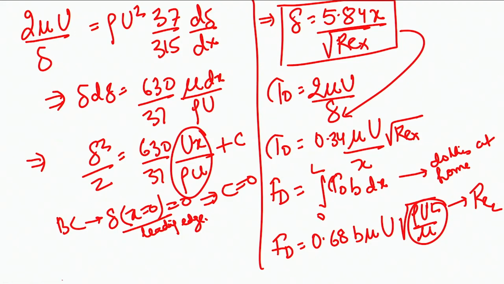And lastly, the remaining is the drag coefficient. CD is given by FD divided by half rho A capital U square. All right, so FD, you know, everything is known. I'll just show in a little more detail.